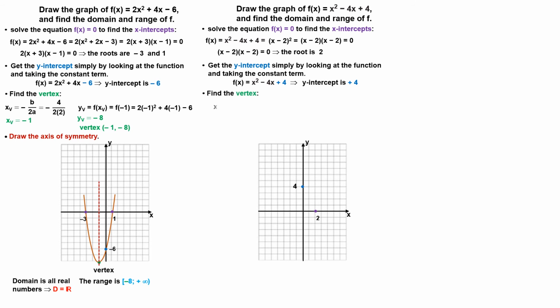Find the vertex. X-coordinate of the vertex is 2. Y-coordinate of the vertex is 0. Draw the axis of symmetry.